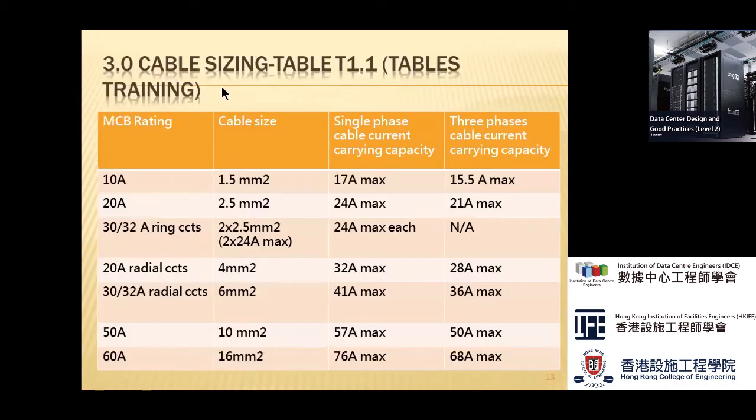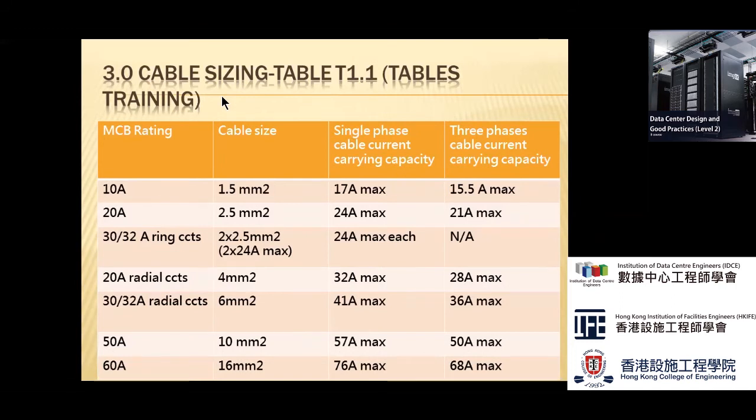All right, and then we go on to item 3, which talks about cable size. Let us look at this table, which I extracted from the web but made up by myself.